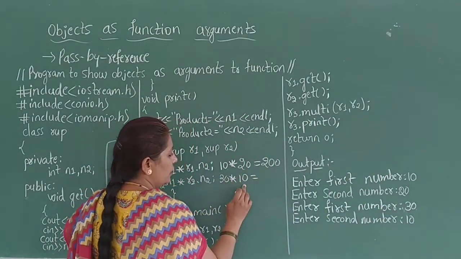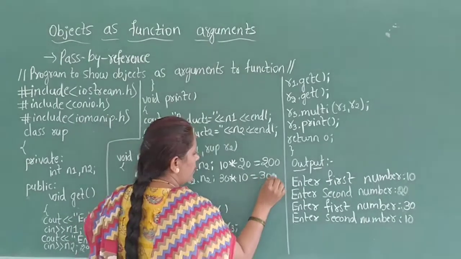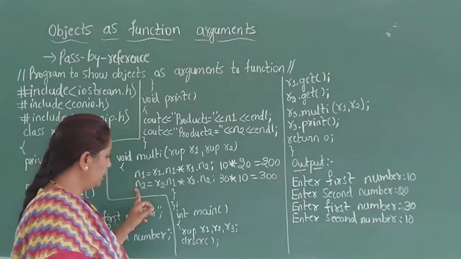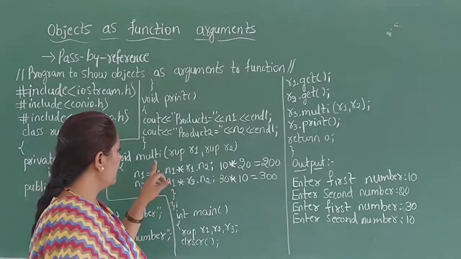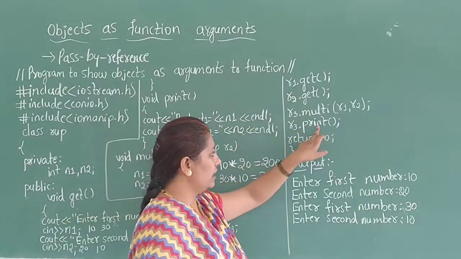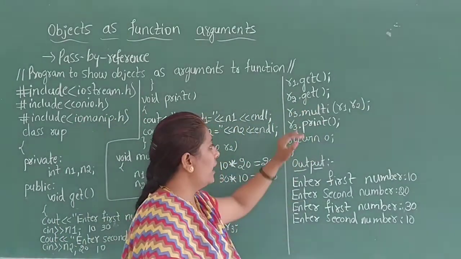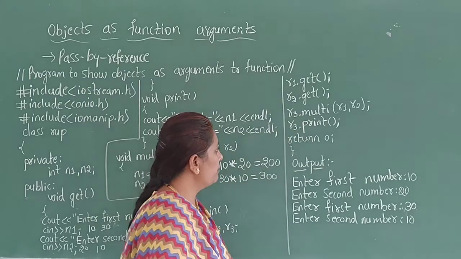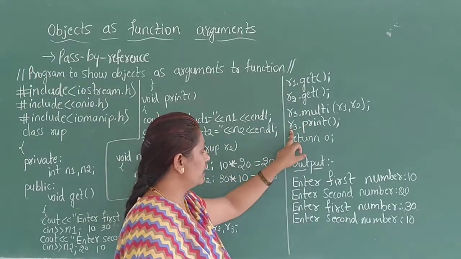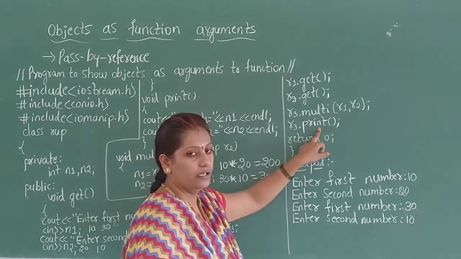Then 30 into 10 is 300, and this value is stored in the variable N2. Then it ends the multi member function, goes back to the main function and calls the next member function, that is print, using the object R3 dot print.